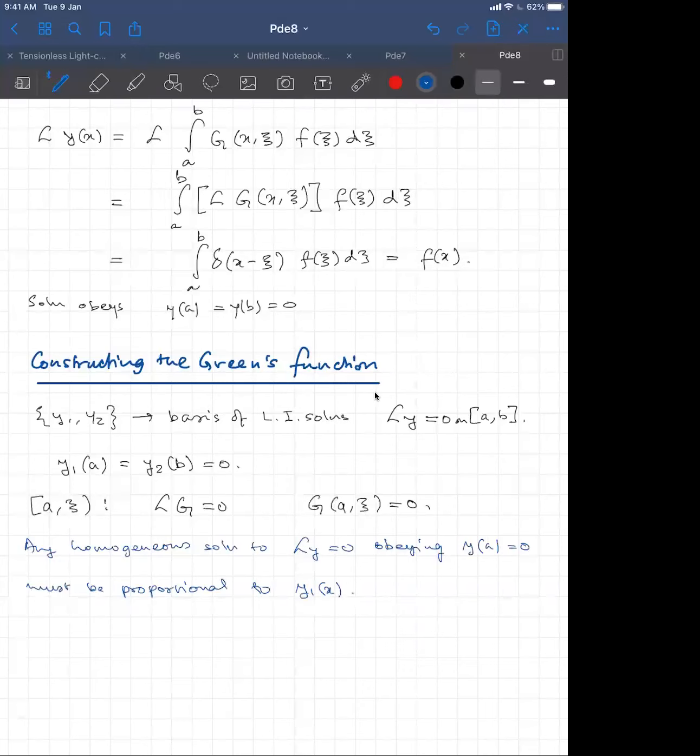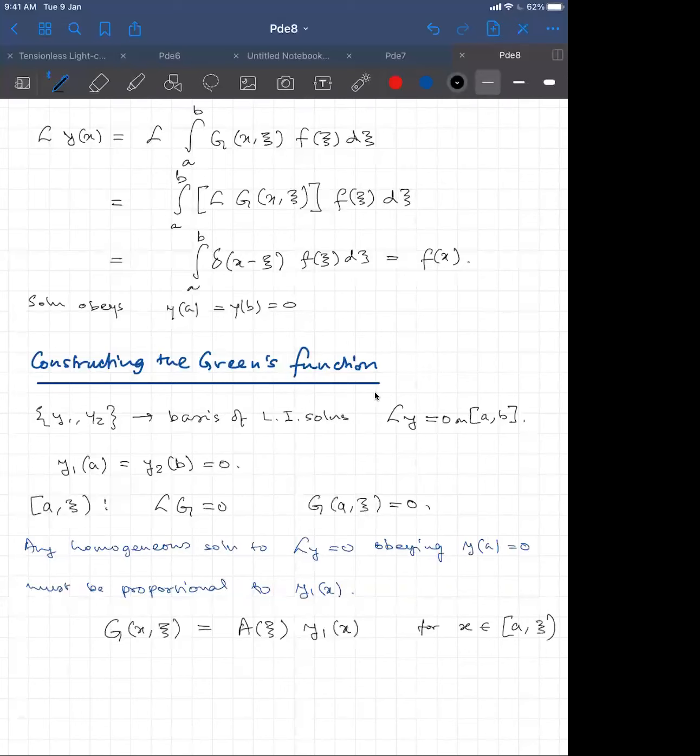Okay. So this means that G of x, xi is equal to some A of xi times y1 of x for x in the domain a to xi.